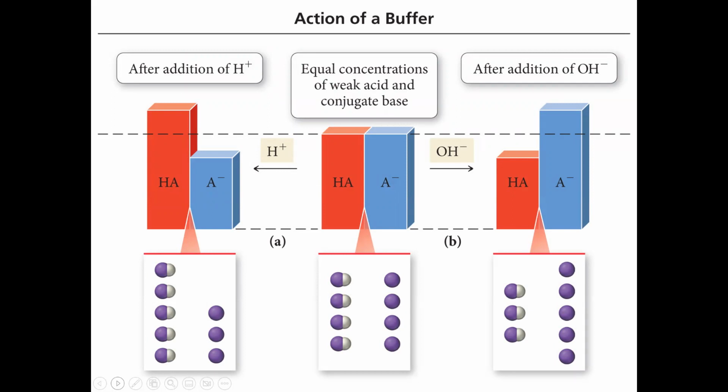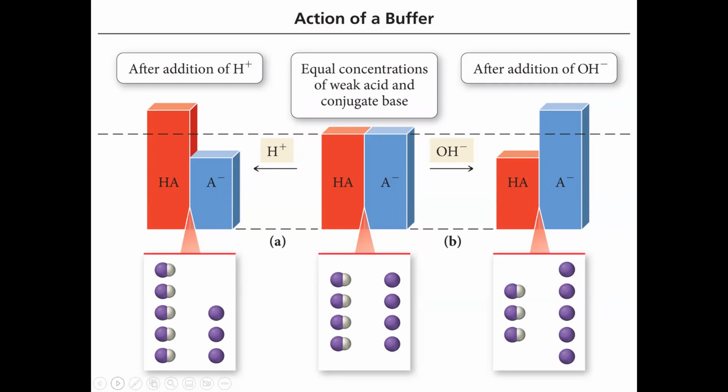So here's yet again kind of what happens looking at the particulate level. So generally with a buffer, we have equal amounts of the acid and its conjugate base. Whenever we add an acid, this is the one on the left, we have more of the acid and less of the anion, the conjugate base.